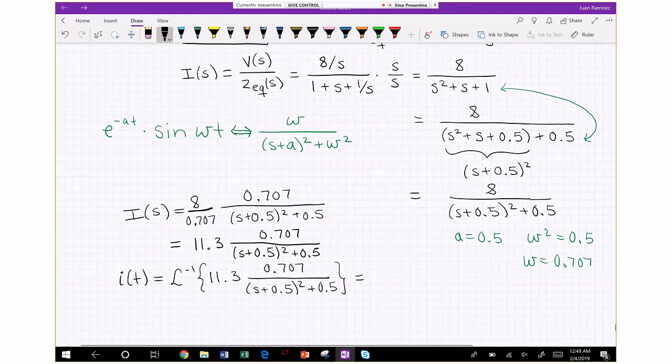And because of the way we set it up, a is equal to 0.5, omega is equal to 0.707, you end up with 11.3 e to the negative a, which is 0.5 t, times sine, which is 0.707, times t. That's our answer. And that's in amps.